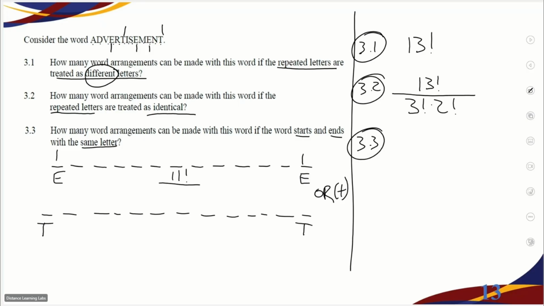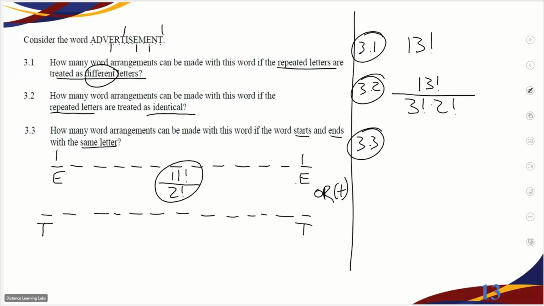It would be T. Because we had 3 E's, but after fixing 1 E on the first position and 1 E on the last position, it leaves us with 1 E. On the remaining letters, E does not repeat. The identical letter now becomes letter T. Then it's 11 factorial divided by 2 factorial. These are the number of ways where it starts and ends with letter E.